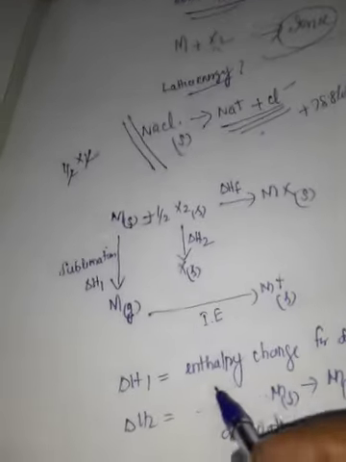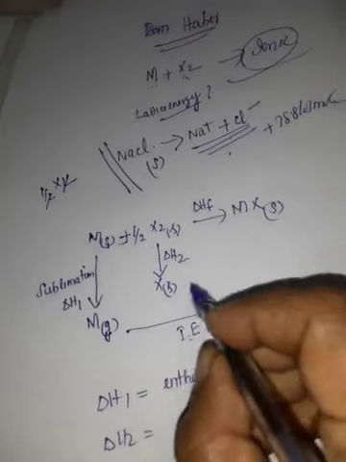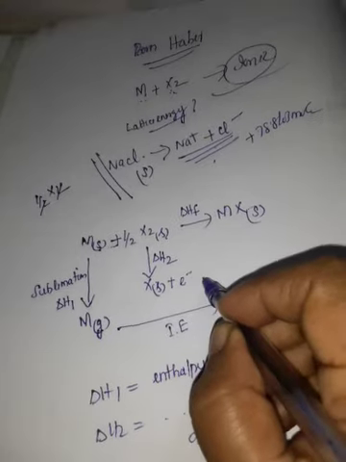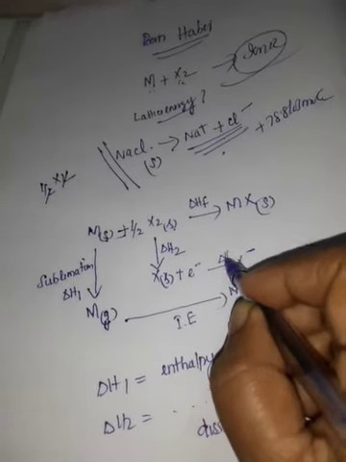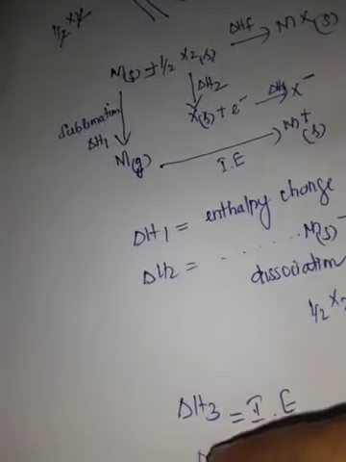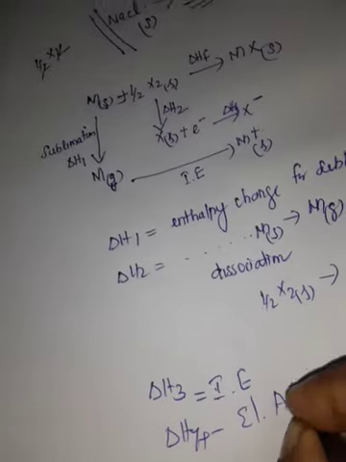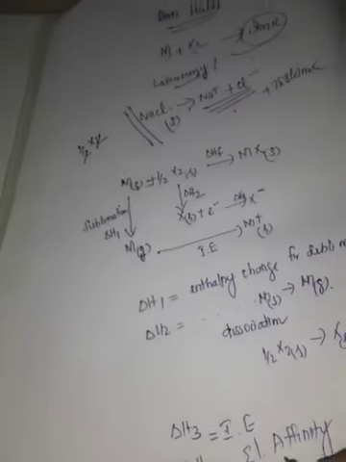Next, this X gas gains an electron, getting e minus and forming X minus. This is delta H4. So delta H4 is electron affinity.